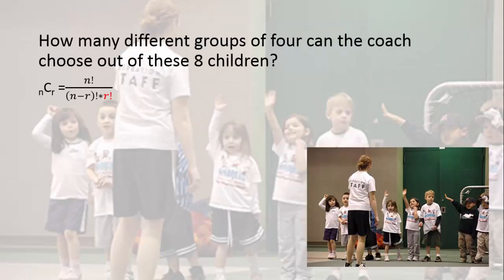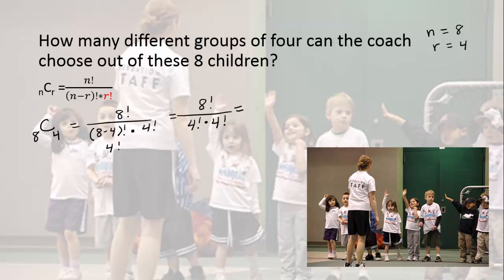Okay, now we've got a coach that's trying to make teams, right? So we want to know how many different groups of 4 kids the coach could pick out of these 8 children. So our N is 8 and our R is 4. Let's figure this out. We have C(8,4). The numerator is factorial of 8, and in the denominator, we've got 8 minus 4 factorial, which is going to turn into 4 factorial, times 4 factorial.